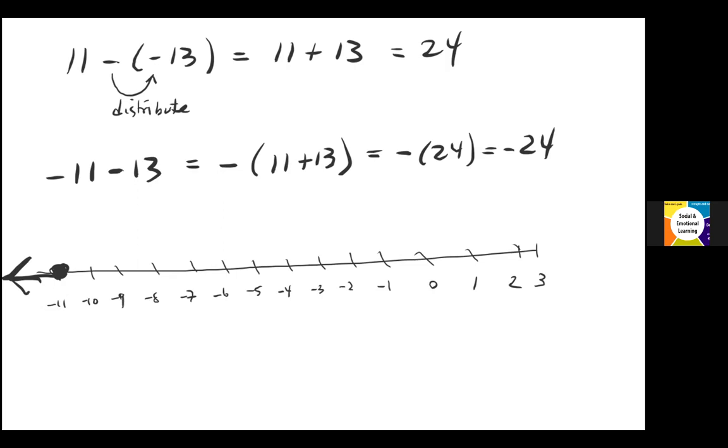Does everybody see the trick I used there? I factored out a negative. Factor a negative from both terms. It's just another way to see it using the distributive property.